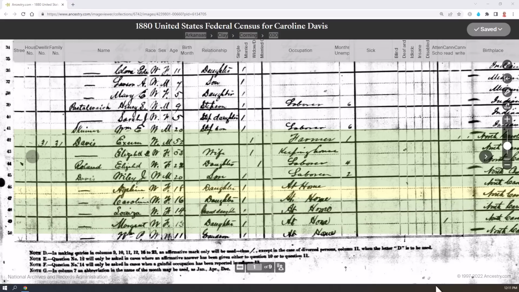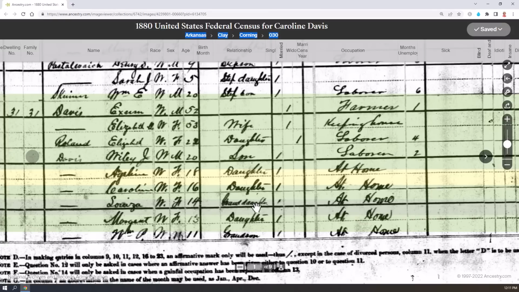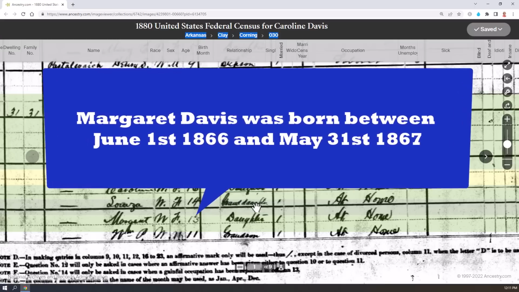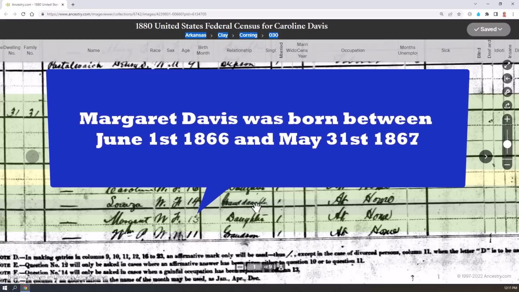One more thought about Margaret here. She's 13 years old on June 1st in 1880. That means her birth date would be between June 1st, 1866 and May 31st, 1867, if the informant who gave her age as 13 gave the correct information.